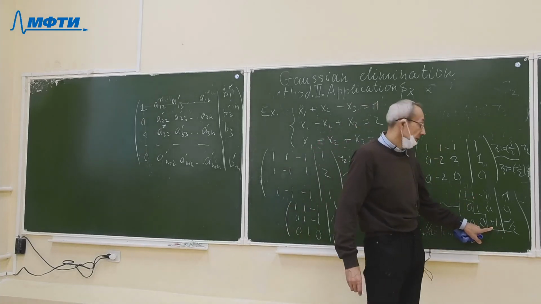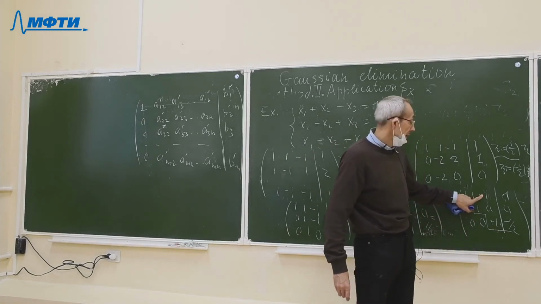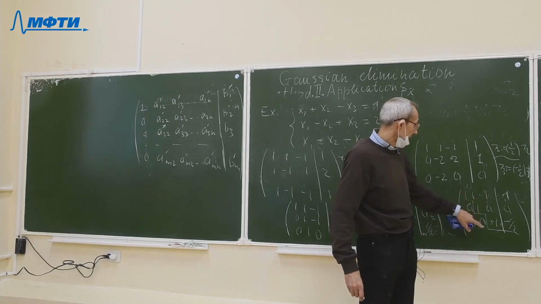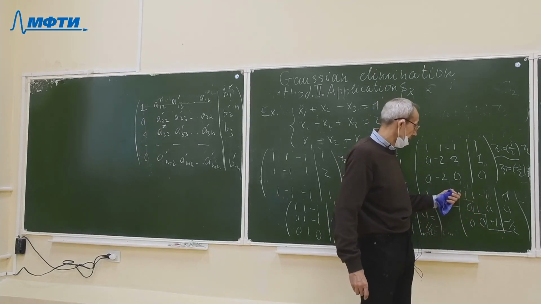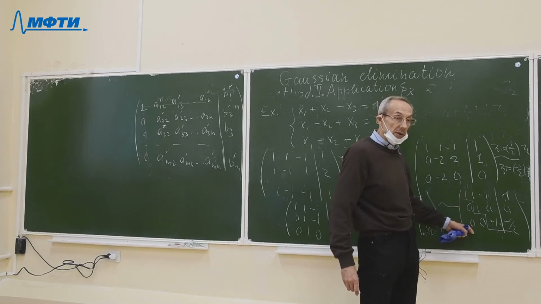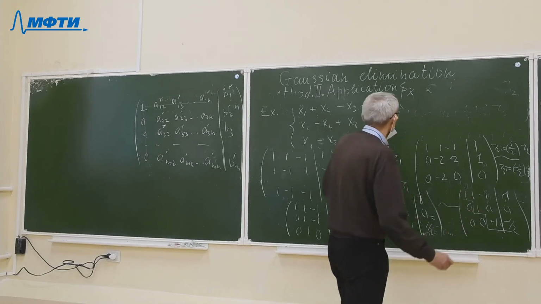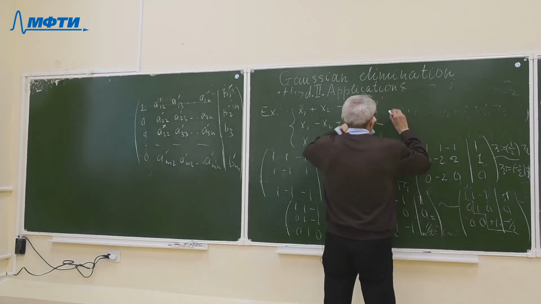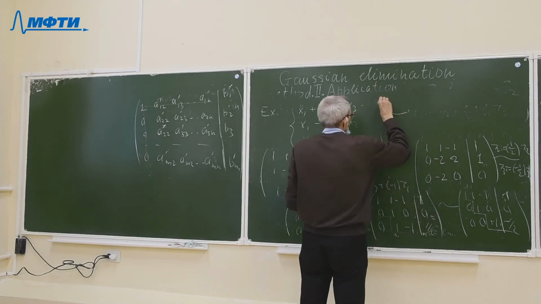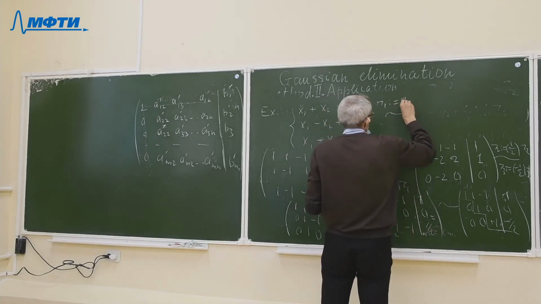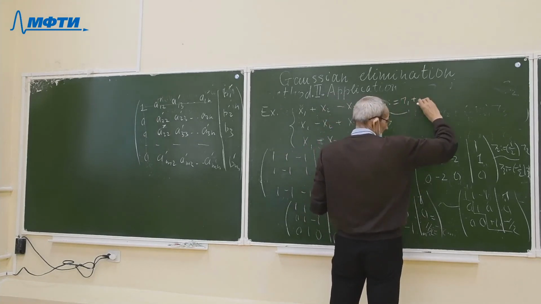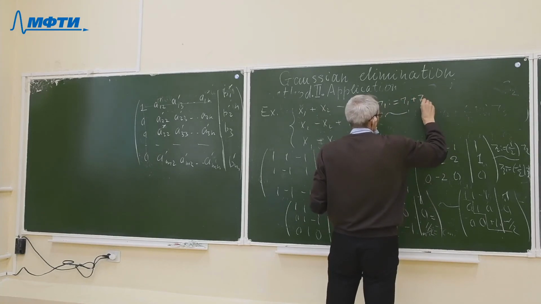I need only one step to obtain the 0 on this place. I can add to the first row the last row, and after this operation, R1 is equal R1 plus R3.